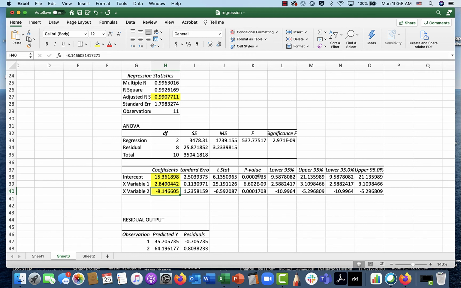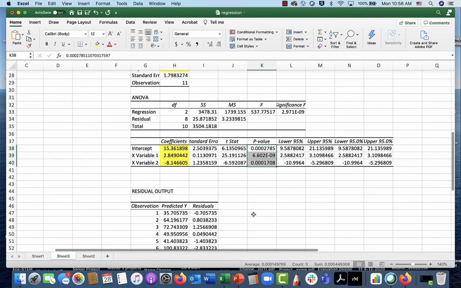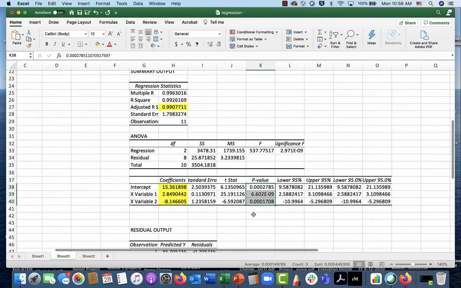We also want to look at these values, which are the p-values associated with each of these coefficients. So this is the probability that this value is 0. And you can see these are very small, so they're all significant. So I've just done a more sophisticated model.